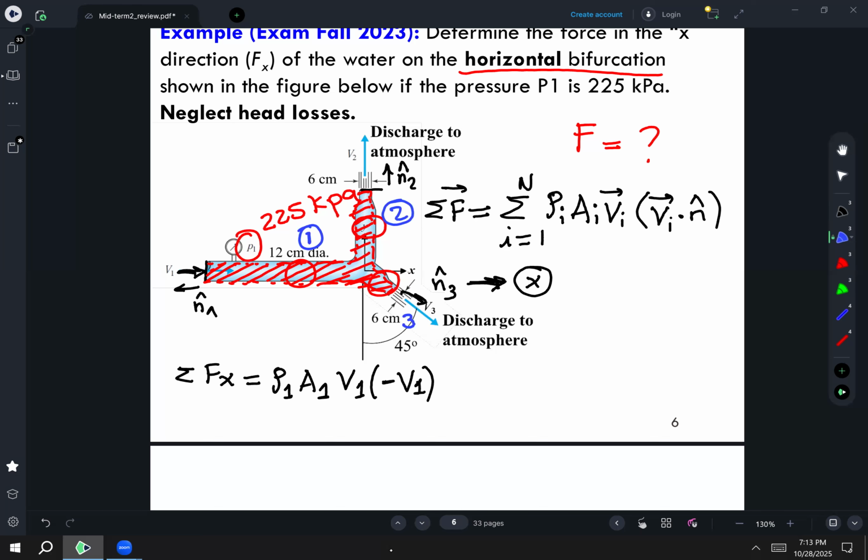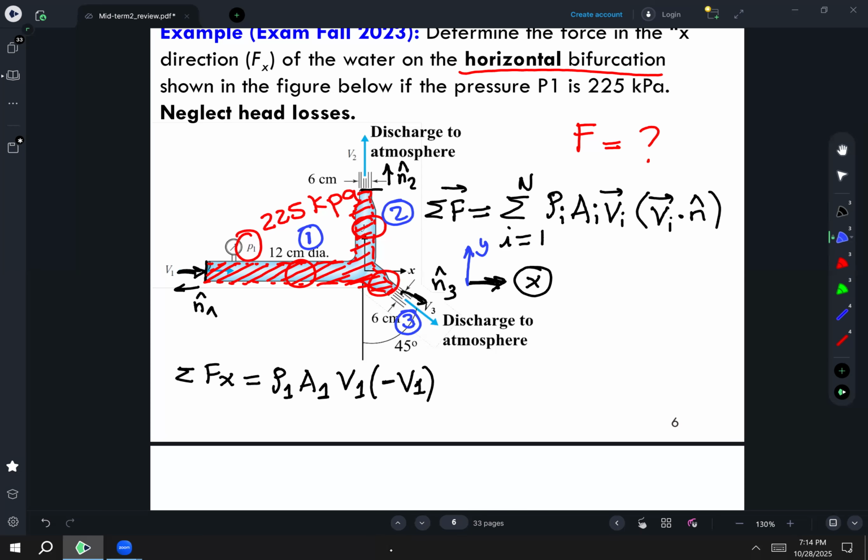It seems the figure is not showing clearly, but those are pipe 1, 2, and 3. So for pipe 3, we have a component in the x and the y direction. So we can say this is the y direction, and we have the component also in the y direction, but the question here is in the x direction.